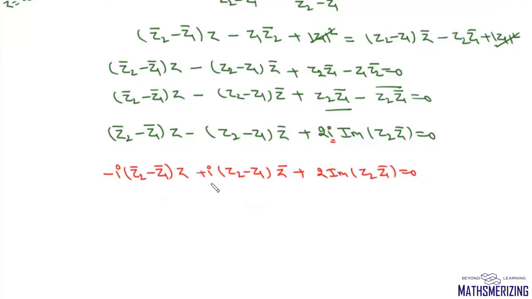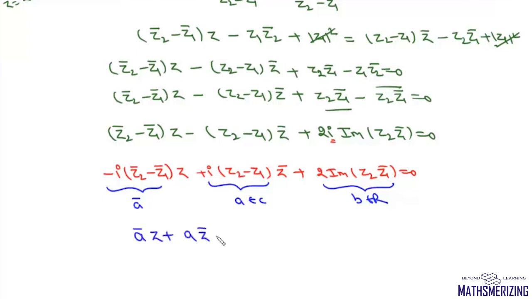Now if we take this iota into (z2 minus z1) as some complex number a, then this is nothing but a bar, and this 2 into imaginary part of z2 z1 bar is nothing but some real number b. Then any general equation of a straight line in complex numbers can be expressed as a bar z plus a z bar plus b equals to 0.